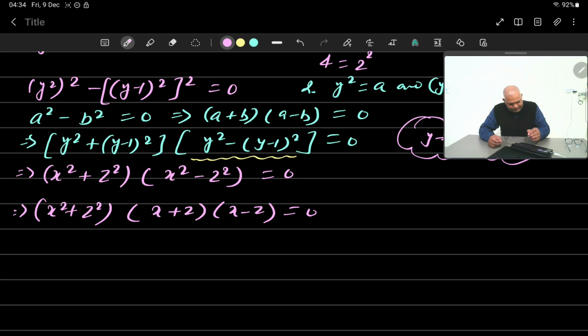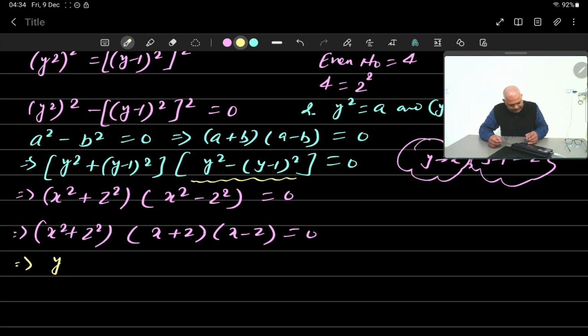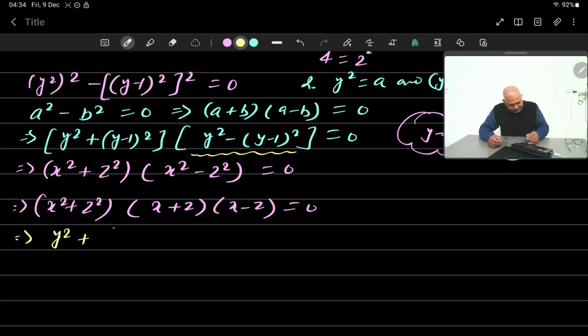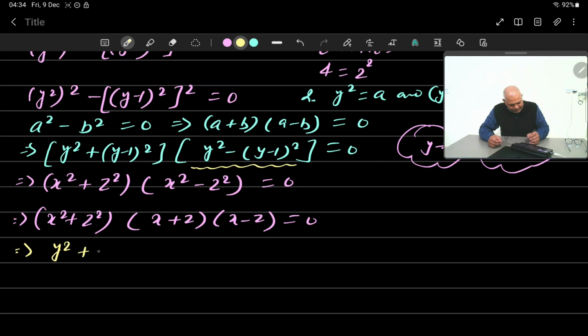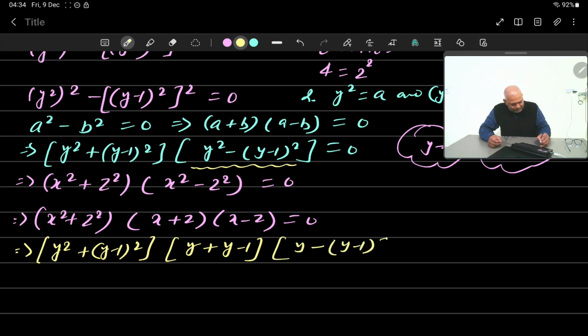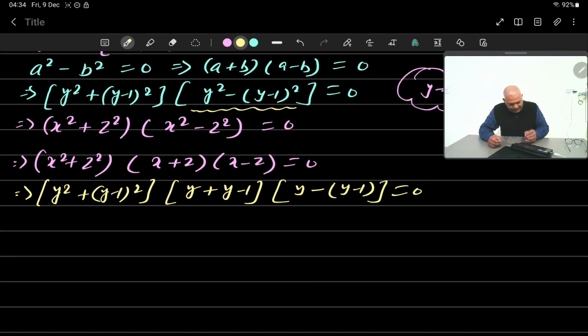Now insert the required values in place of x and g, that is y and y minus 1. So write y square plus (y minus 1) square, times (y plus y minus 1) times (y minus y plus 1), equals 0.